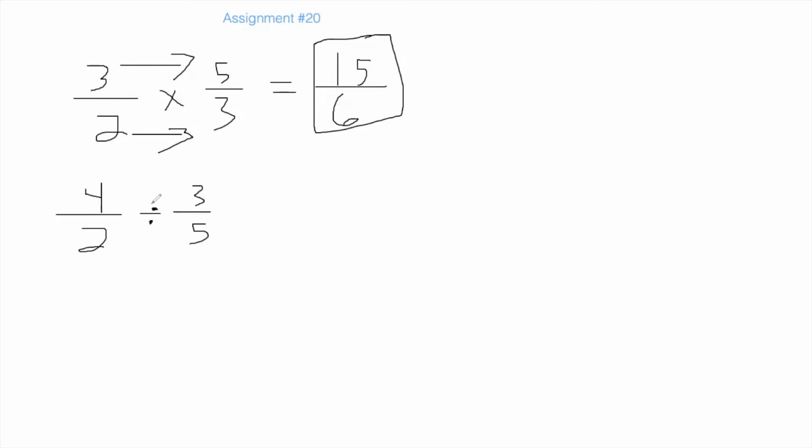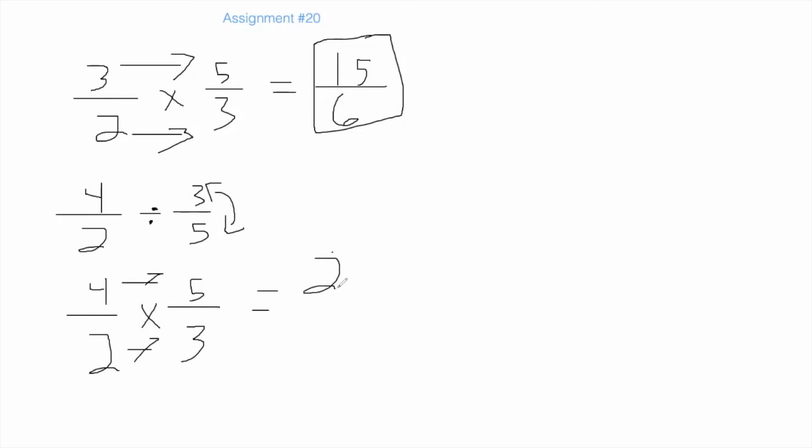So when you're dividing two fractions, all you're doing is you're going to end up multiplying times the reciprocal. So the actual question is going to be 4 over 2 times 5 over 3. And then you just multiply across again. So this is going to be equal to 4 times 5 is 20. 2 times 3 is 6.